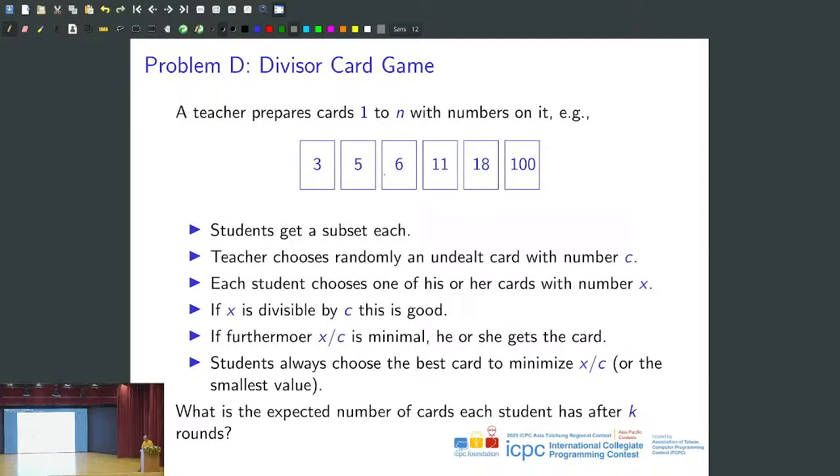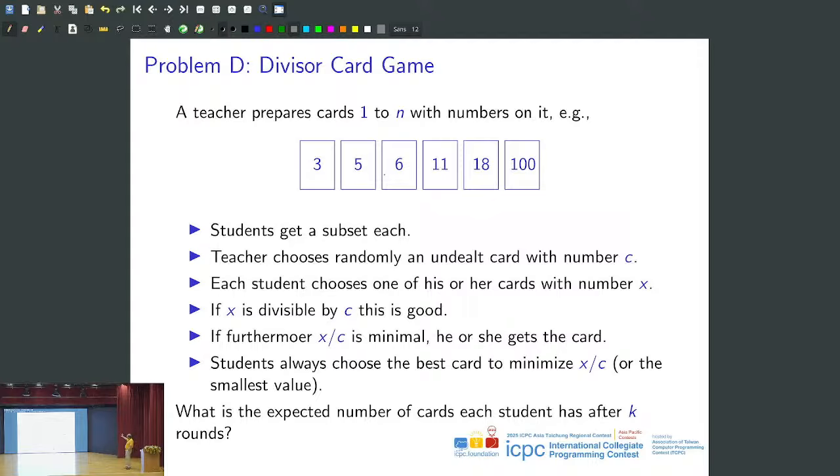If the teacher puts out a card, number C, and the student puts out a number X, if X is divisible by C, he could in principle win if the remainder is the smallest possible among his peers. Otherwise the card is discarded. So it's a complicated game, and of course it's also random, because the teacher chooses the card randomly.